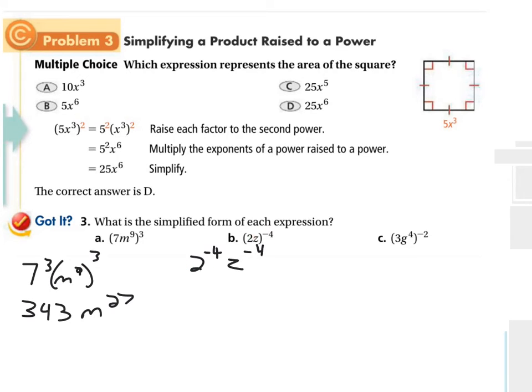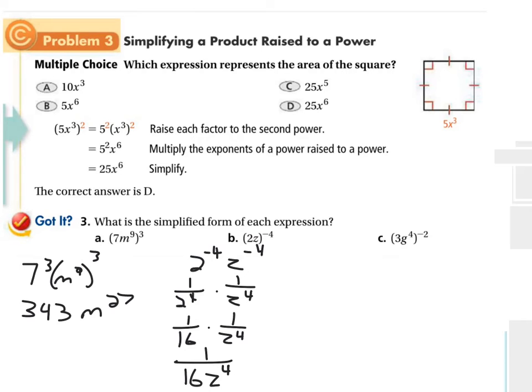So 2 to the negative 4 is the same as 1 over 2 to the 4th, and times z to the negative 4 is the same as 1 over z to the 4th. So if we simplify this 2 to the 4th, we'd get 1 over 16 times 1 over z to the 4th, or 1 over 16z to the 4th.